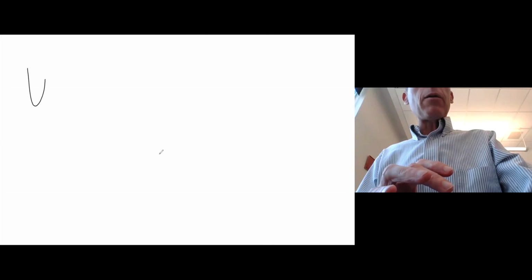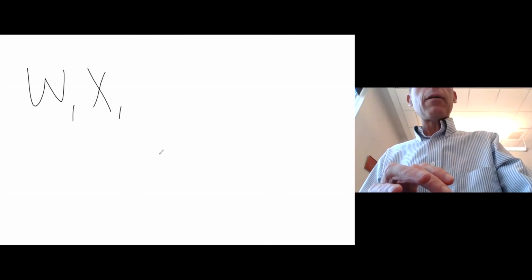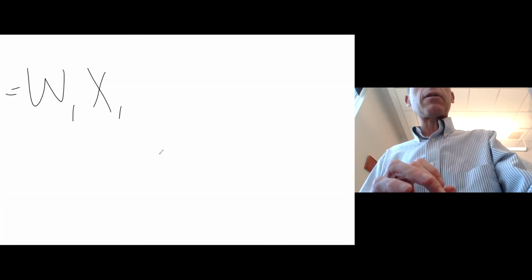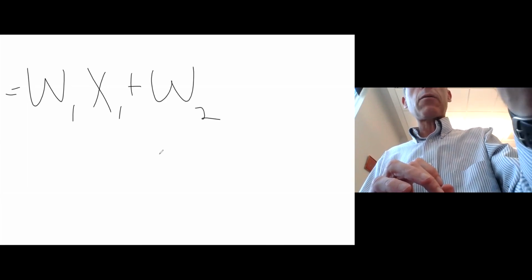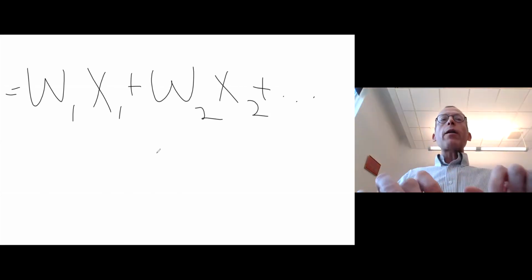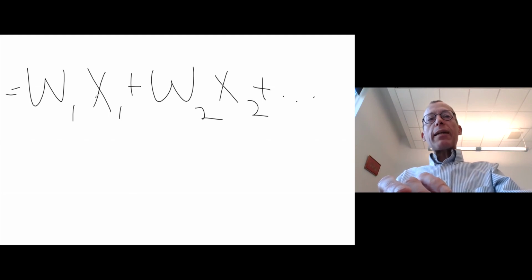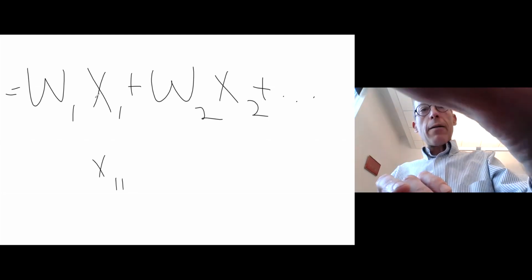We know, and this is true for both of them, but let's start with linear regression. We know that there is a W1 that is optimal for X1. So linear regression, Y equals W1 X1 plus W2 X2, let's say for individual samples. Now we split X1 into X11 and X12.